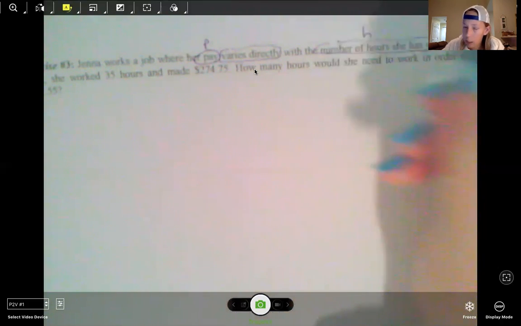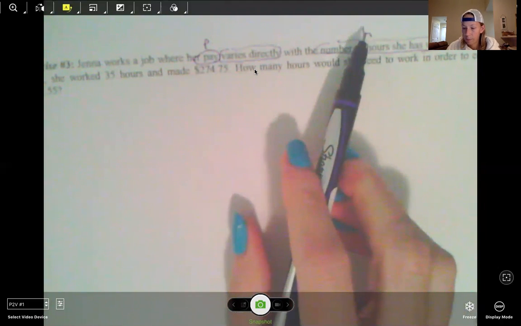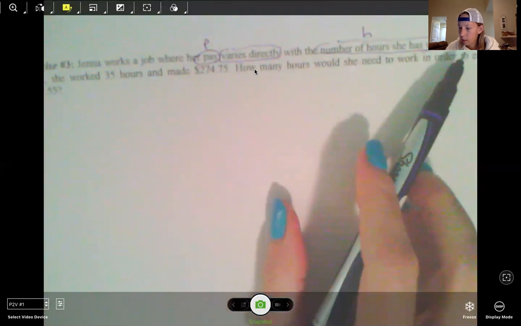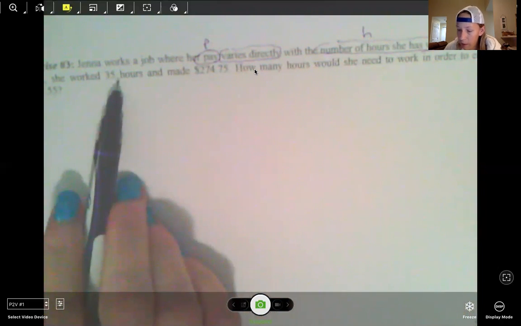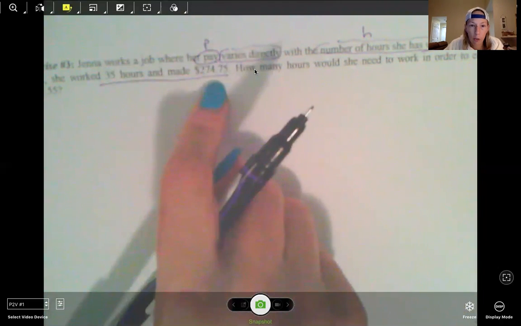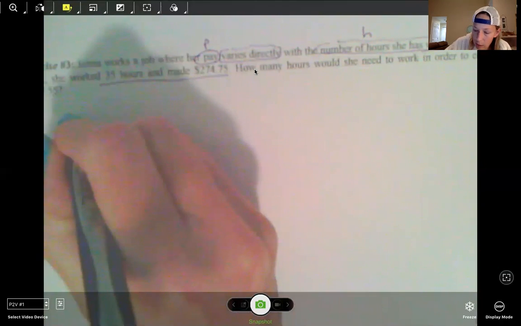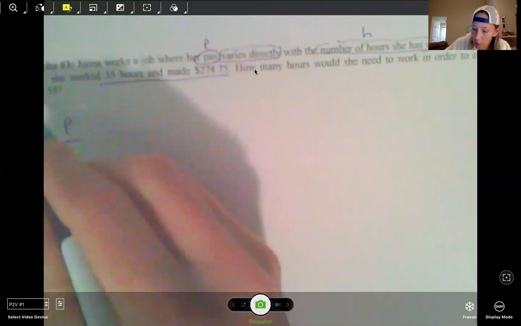So I'm going to call that H. So her pay depends on hours. Okay, so in the first thing it says in 1 week, she worked 35 hours. So here's the numbers we need, 35 hours, and made $274.75.